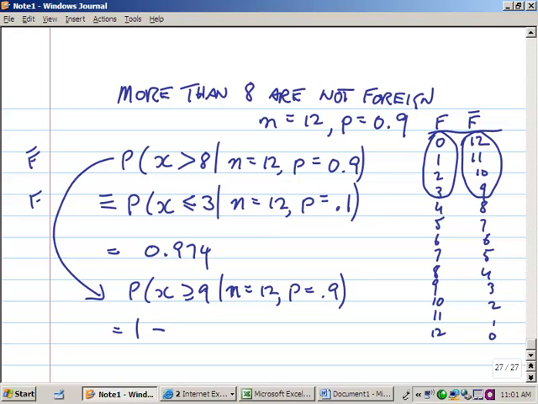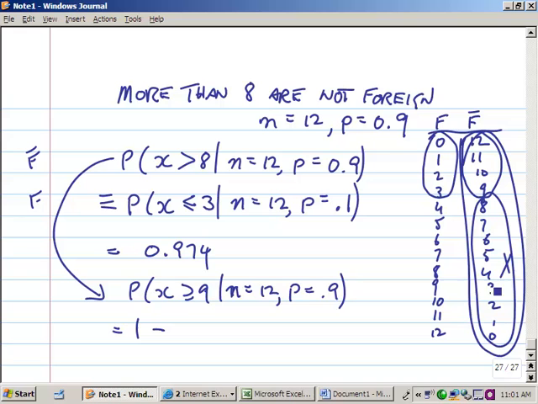We want the probability of 9, 10, 11, and 12, so we get everything 0 through 12, that's 1, and we subtract out of that 0 through 8. Since we don't want that, we want this part. So we subtract out x less than or equal to 8, n of 12, p of 0.9.